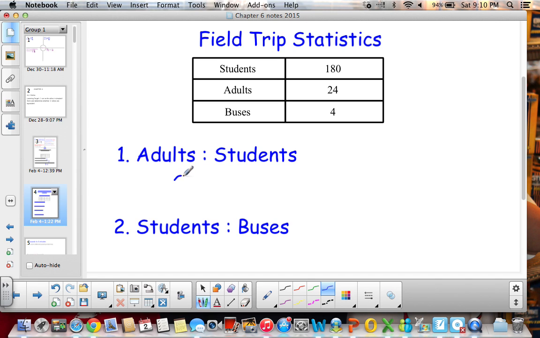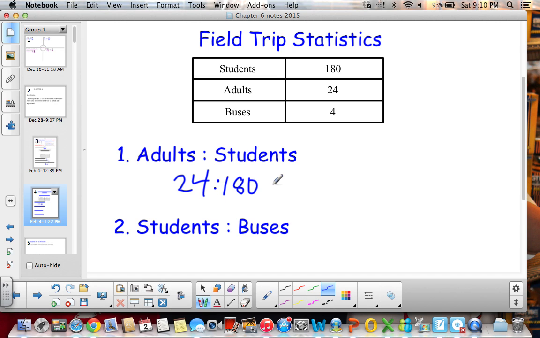So there's 24 adults to 180 students. And then we want to see if we can simplify it. I know that they're both even, so we can divide them both by 2, but I'm going to see if they can both be divided by 4, because I know that 24 can be divided by 4.